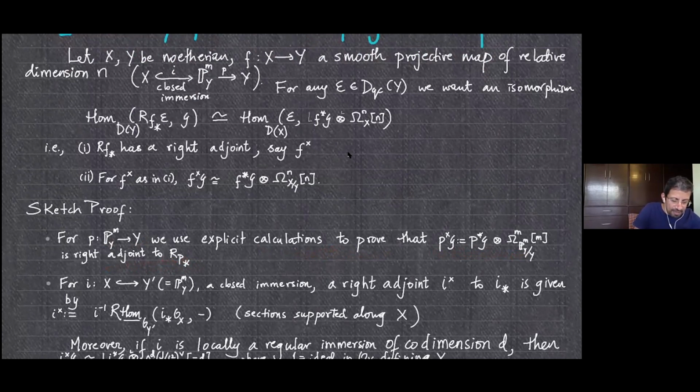We did it, or I just sketched it, when Y is an affine scheme, Spec A, but because of the way it is set up, one easily extends it to a more general scheme, and one can do a local calculation and check that you get the same thing. So the idea was that tensoring with this is what gives you the right adjoint. If you interpret the explicit calculations we did, that's what it turns out to be, that this is the right adjoint.